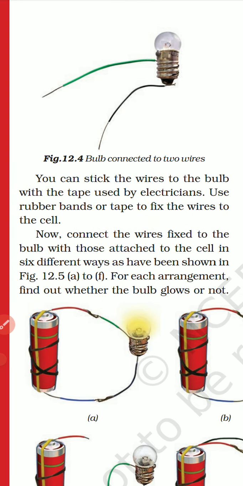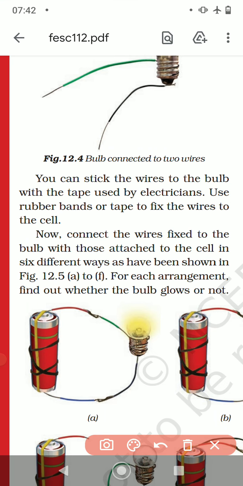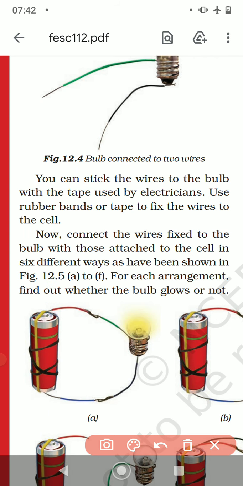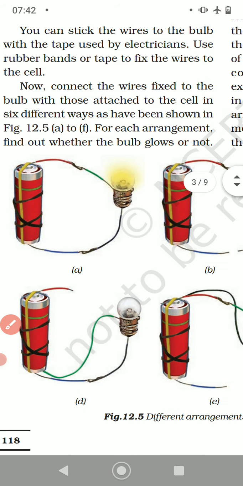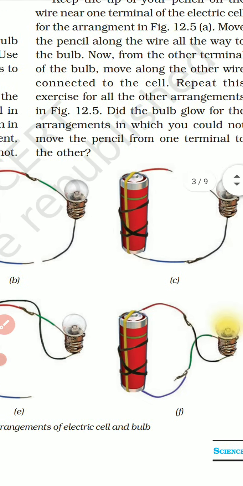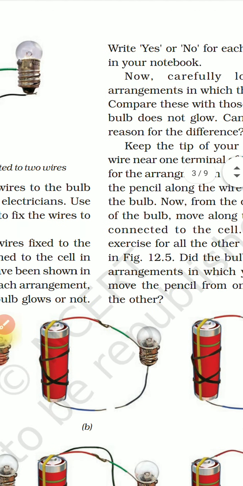You have to take 4 pieces of electric wire. 2 wires will go with the cell and 2 wires will go with the bulb. Then you have to make the arrangements. Different types of arrangements are shown here, and accordingly you have to do. You can see A, B, C, D, E and F, all different types of arrangements.